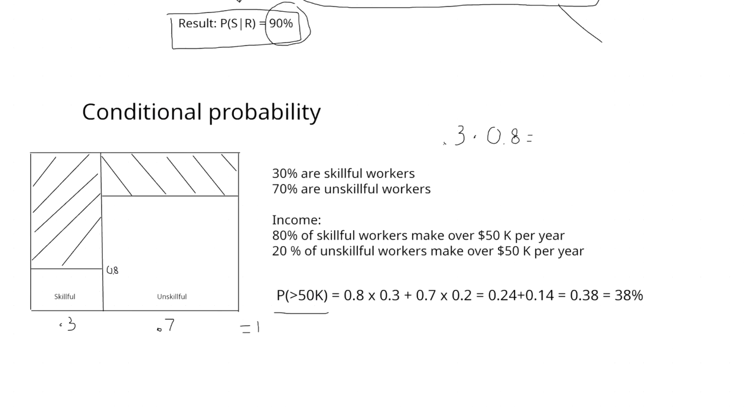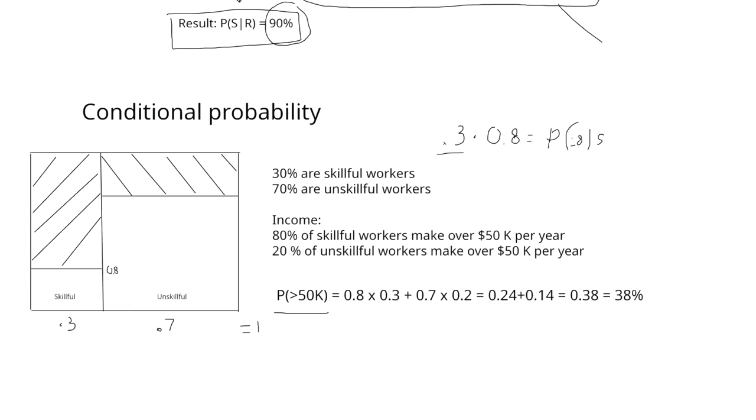We take the group of people that are skillful, vertical bar, and this is 0.8.